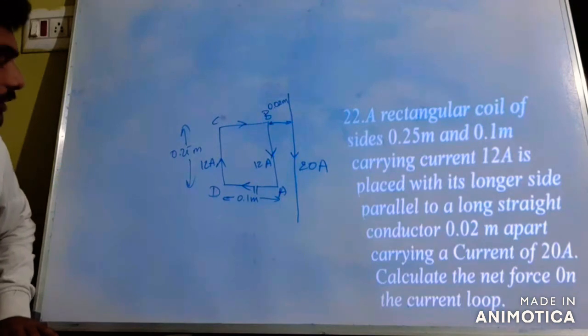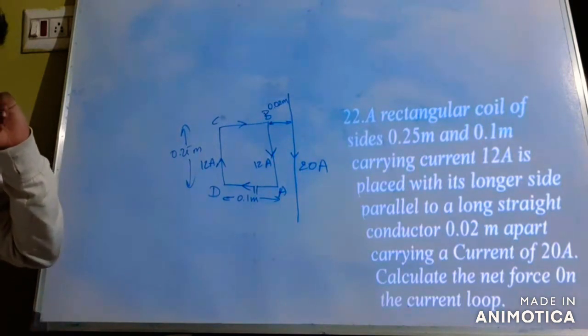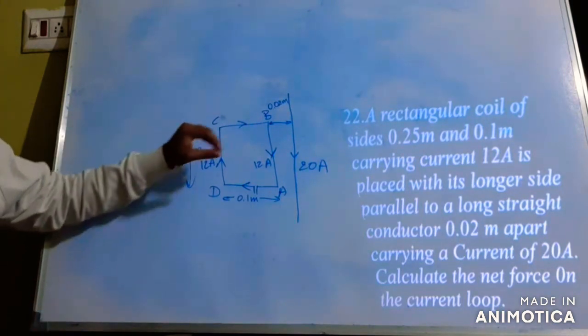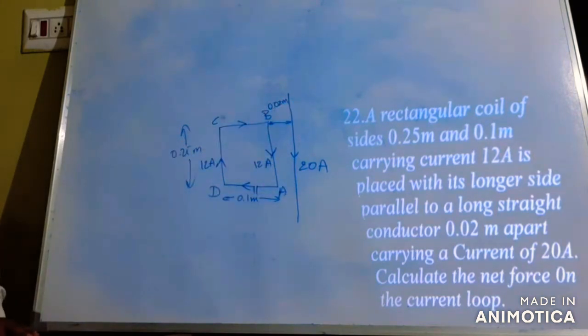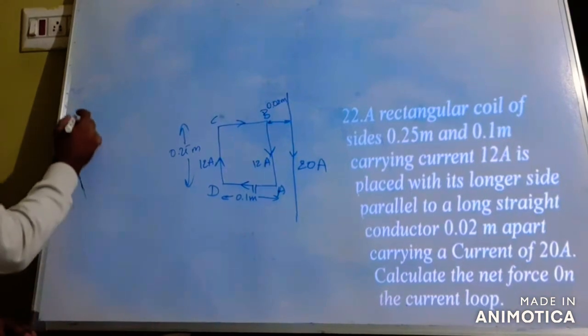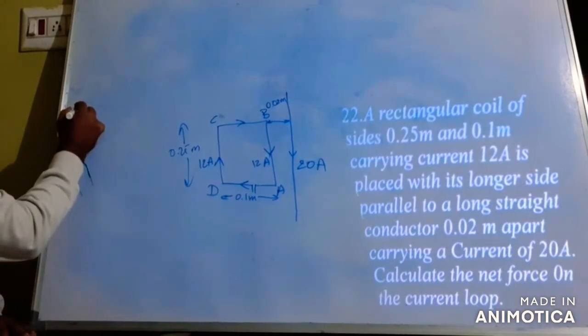Okay, so now we shall see what is the force experienced by part AB due to the long straight conductor.